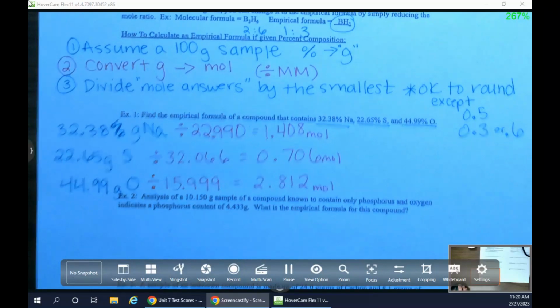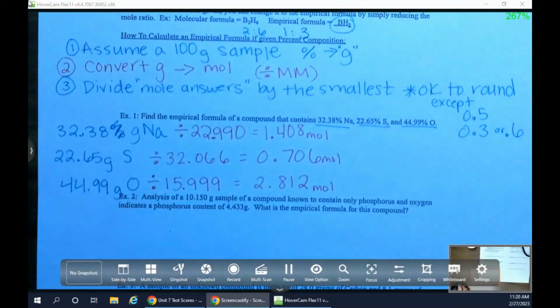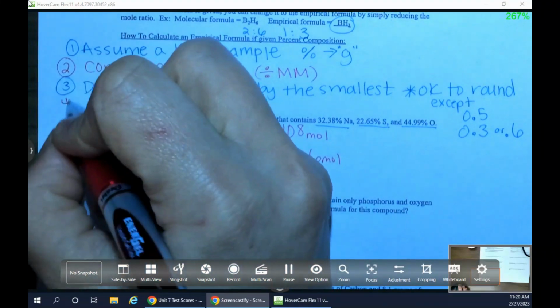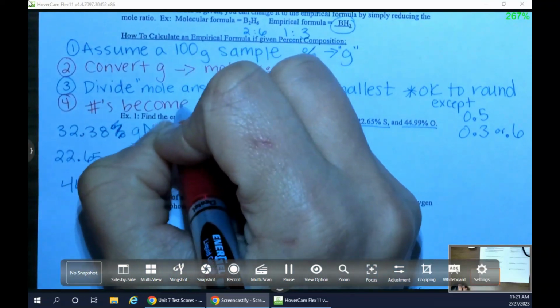All right, so we're going to do that. And then what we're going to do with all those answers, those numbers become subscripts.